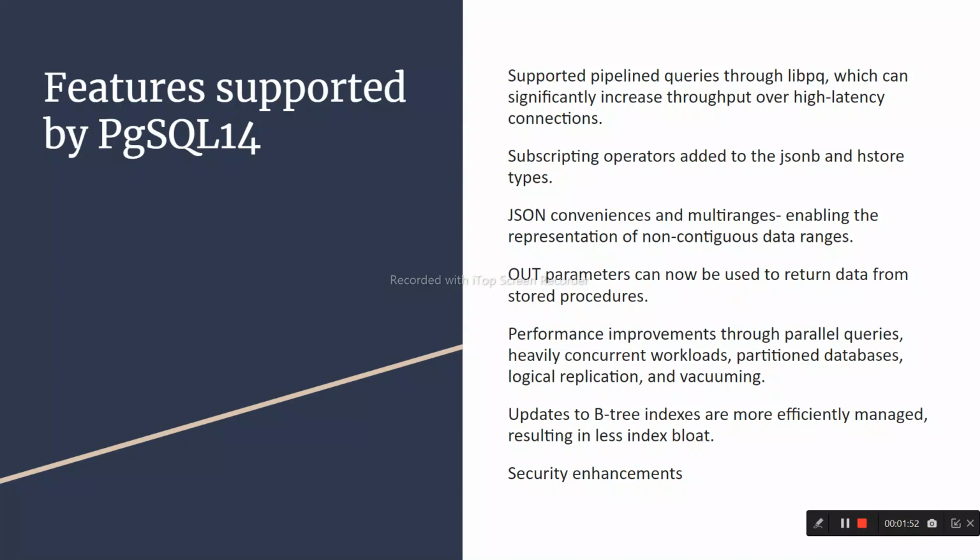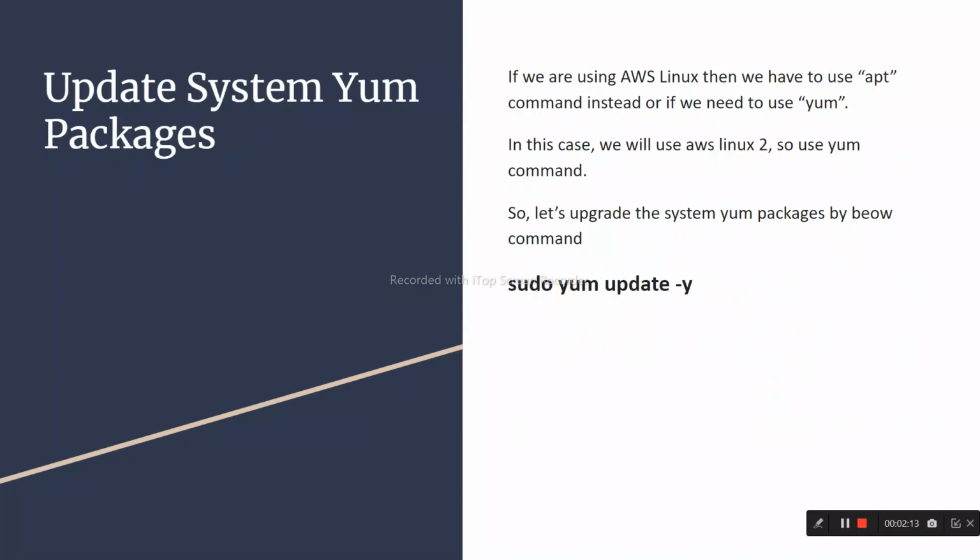Out parameters can now be used to return data from stored procedures. Performance improvements come through parallel queries, heavily concurrent workloads, partitioned databases, logical replication, and vacuuming. Updates to B-tree indexes are more efficiently managed in PostgreSQL 14. Security enhancements are also there.